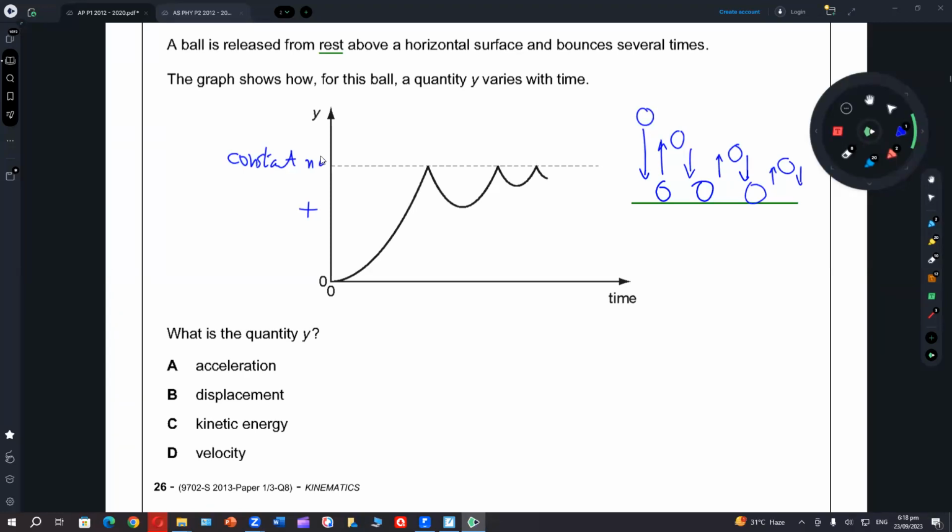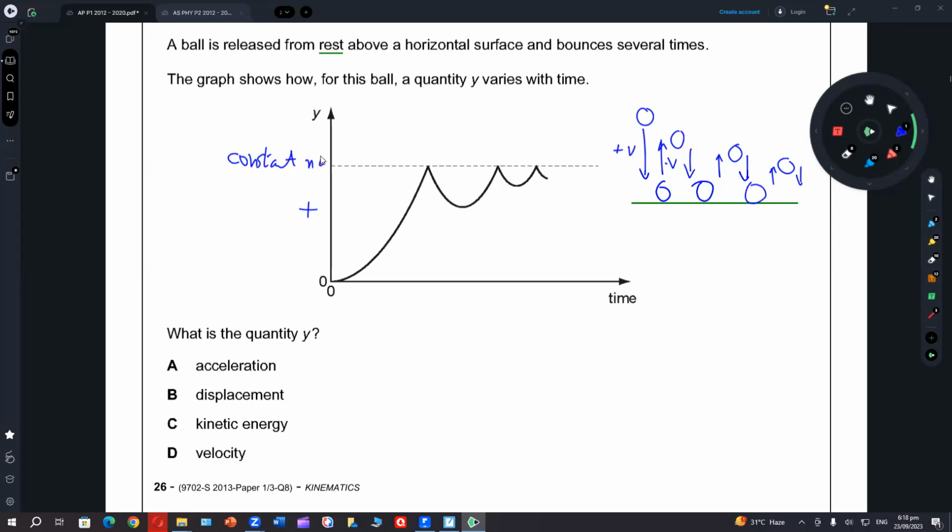Velocity is out of the question because velocity is a vector. Velocity will change its sign. If it is positive v, it will be negative v upward. Kinetic energy is the energy due to motion, half mv square.